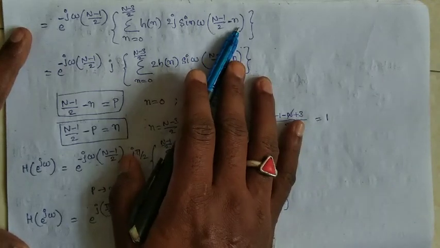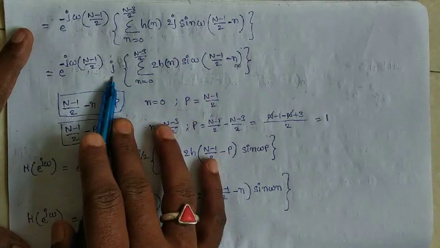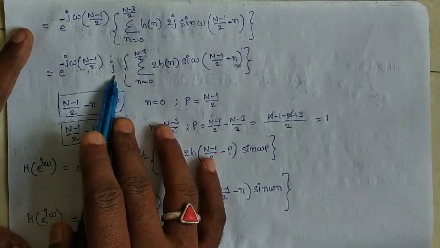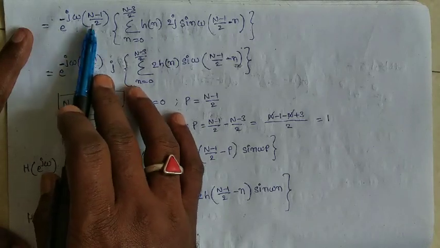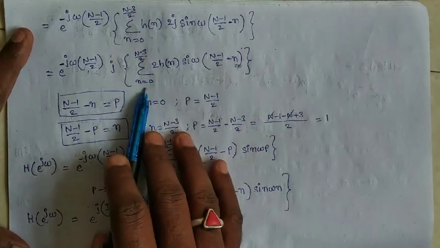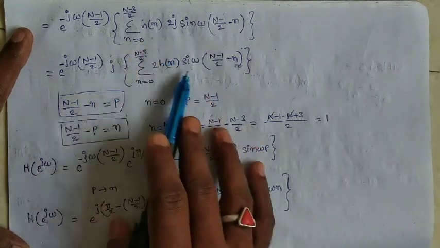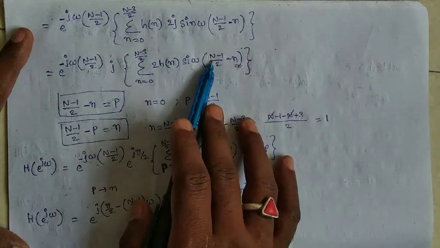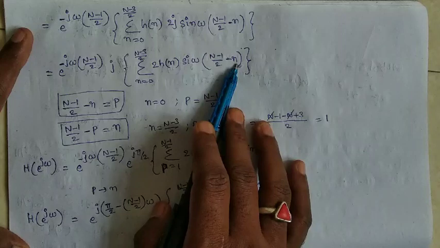Here I am taking j out, j taking common outside: e power minus j omega (N minus 1)/2 times j, summation n equals 0 to (N minus 3)/2, 2 into h of n sin omega ((N minus 1)/2 minus n).